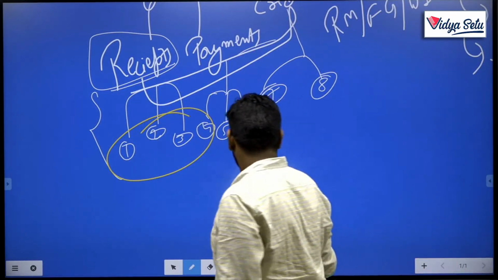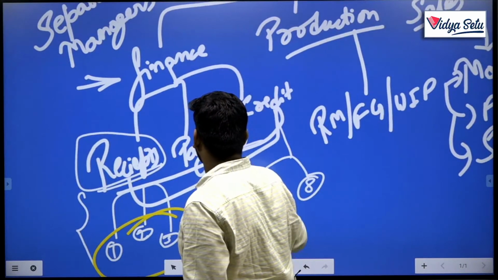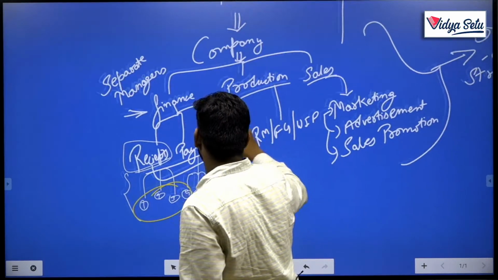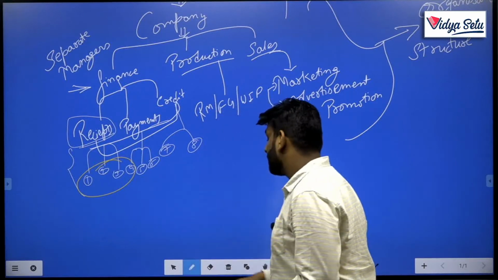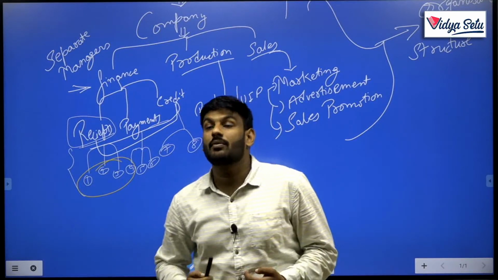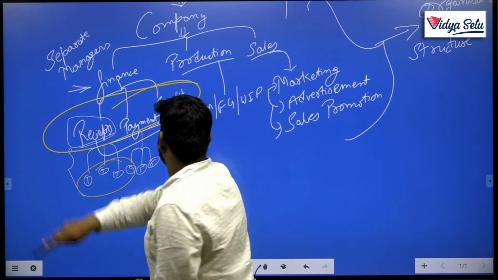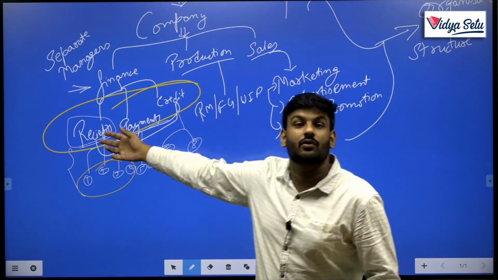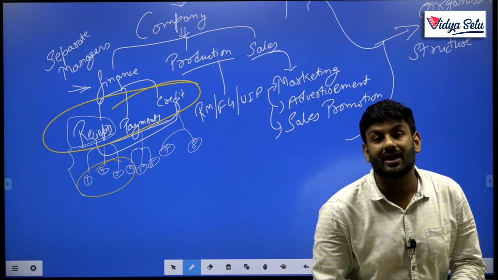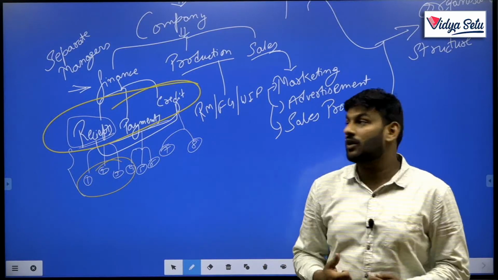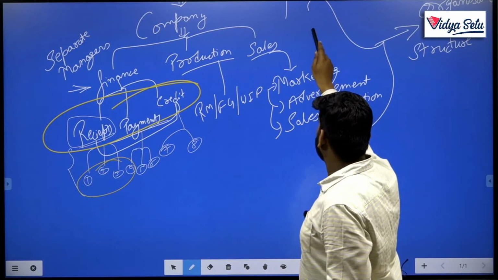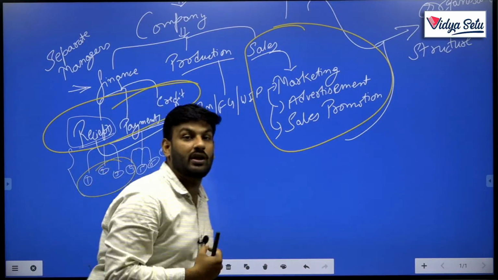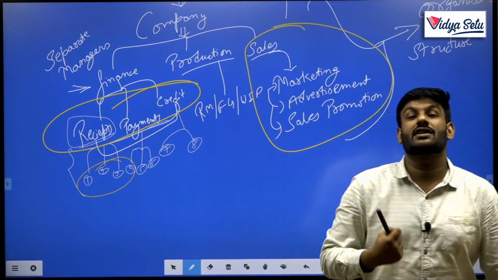In the same manner, if I am talking about the finance manager, my dear friends, the finance manager is a superior, and under him there are 3 different subordinates doing their job. Who are they? They are the receipts person, payment person and credit person. So this division of subordinates under a single superior generally deals with span of management.